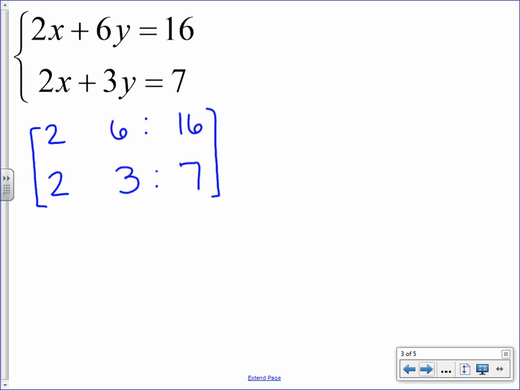Right? What did you say, Tyler? We'll see about that. So we want a leading 1 in one row, and we need 0, 1 in another row. So give me some ideas.